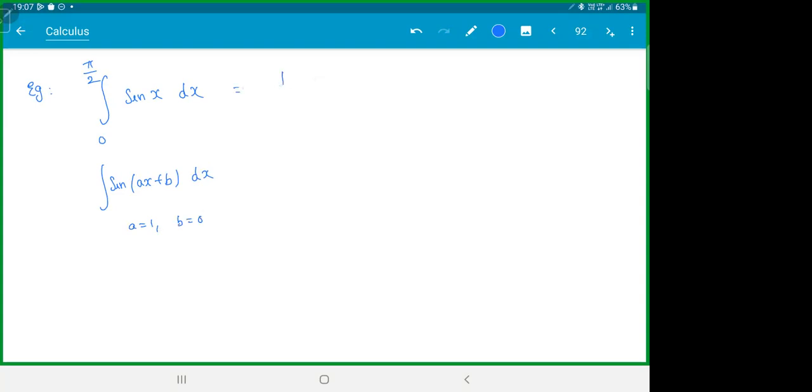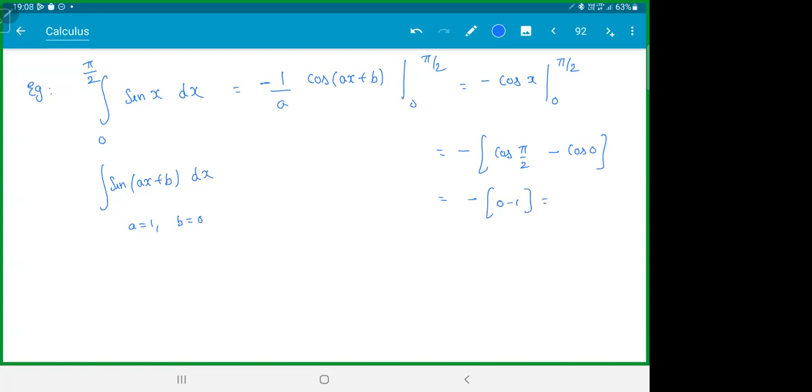So the formula will be minus 1 by a cos ax plus b, limits from 0 to 90. So a is 1, b is 0, so that is simply cos x, 0 to pi by 2. Substitute the values, cos 90, then cos 0. This will be 0 minus 1, which is 1.